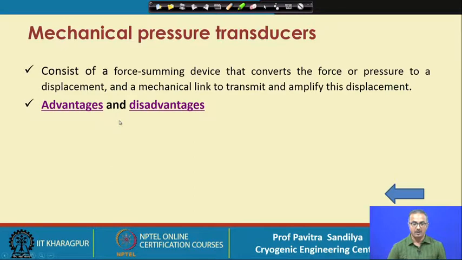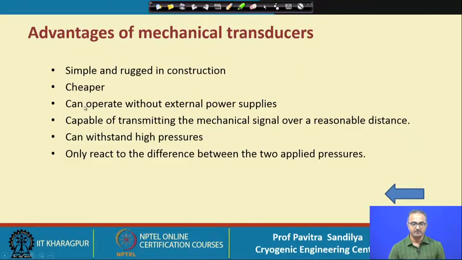Then the advantages are that these mechanical transducers are quite simple in the construction and quite robust and rugged, and they are cheaper than the electrical transducer, and can operate without any external power supplies.